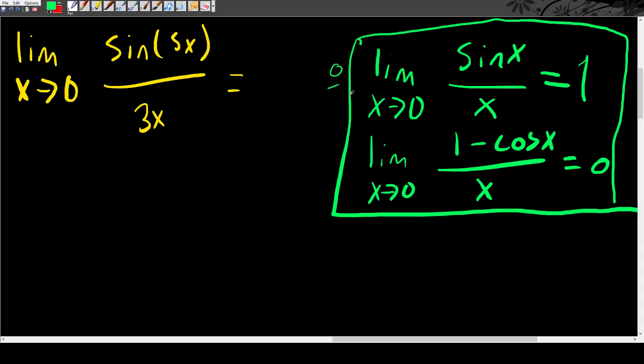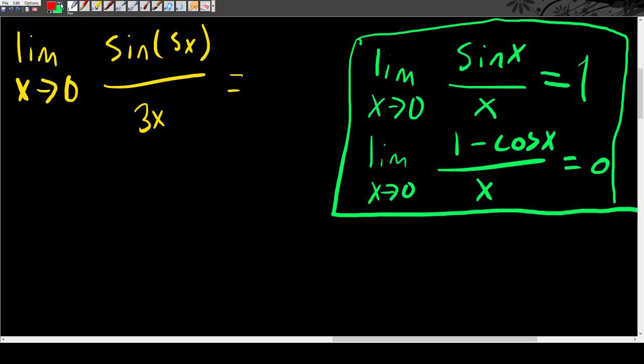If you get 0 over 0 or infinity over infinity, and the problem isn't nearly impossible to differentiate, just use L'Hopital's rule. It's much faster, easier, and more likely that you'll get the right answer if you know how to take a derivative.